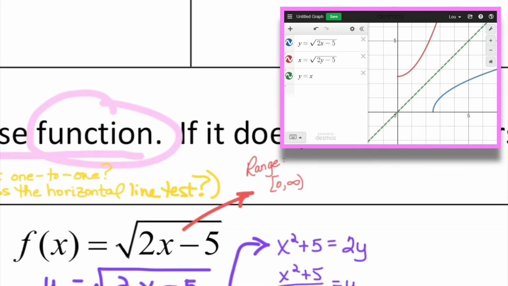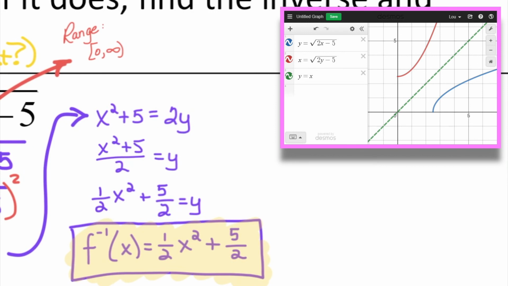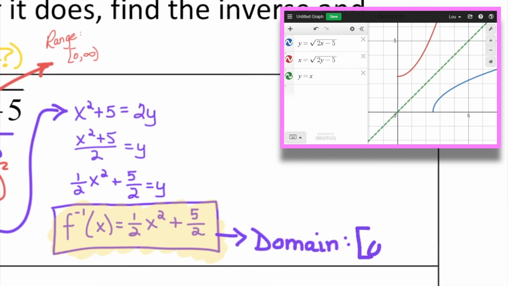Take a look at the graph and make sure that you see that the range of that function, the square root function, is 0 to infinity. And then that becomes the domain of the inverse function, and the domain of this inverse is the same, 0 to positive infinity.